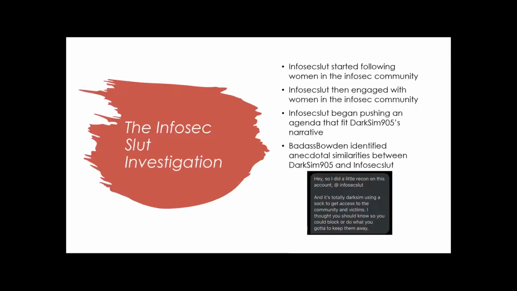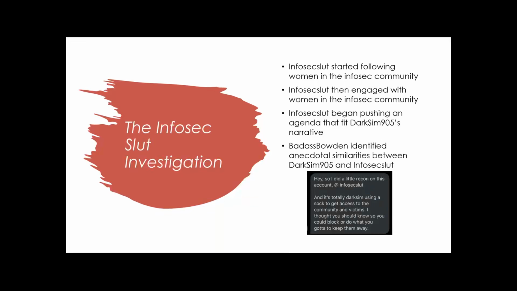The InfoSec slut investigation. This investigation started as it was noticed that the InfoSec slut account started following women in the InfoSec community. It was observed that the InfoSec slut then engaged with women in the InfoSec community. The InfoSec slut account began pushing an agenda that fit the account owner DarkSim905's narrative.